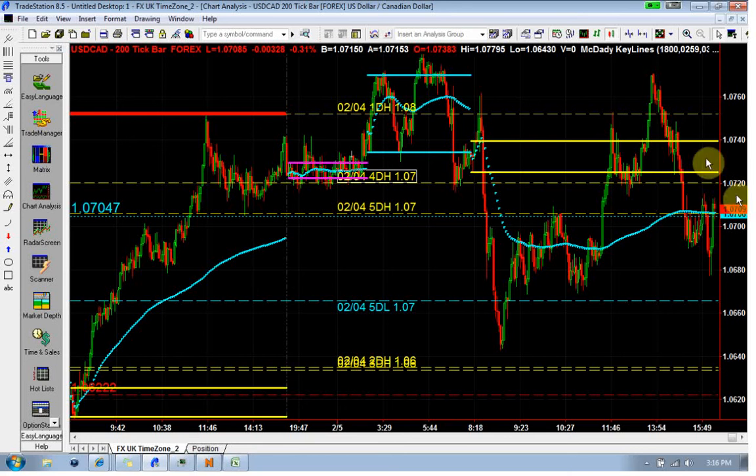107.20. So we will buy above the 107.20, and we are going to put our stop on the long below. So you're risking about 20 pips on that trade, and we are going to go short.